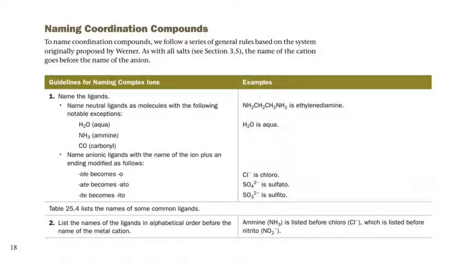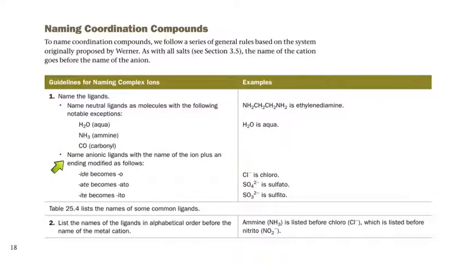The neutral ligands tend to just have whatever molecule name as their name. Couple of exceptions. Water isn't called water, it's called aqua. NH3, ammonia, is called ammine. And CO, which is carbon monoxide, is called carbonyl. So those are special names.